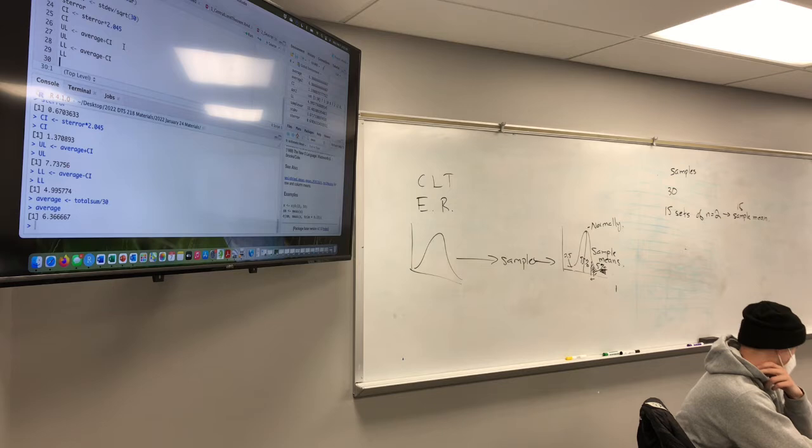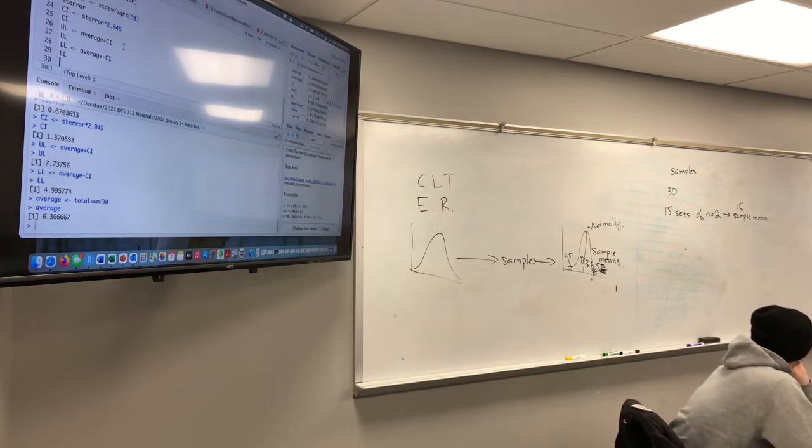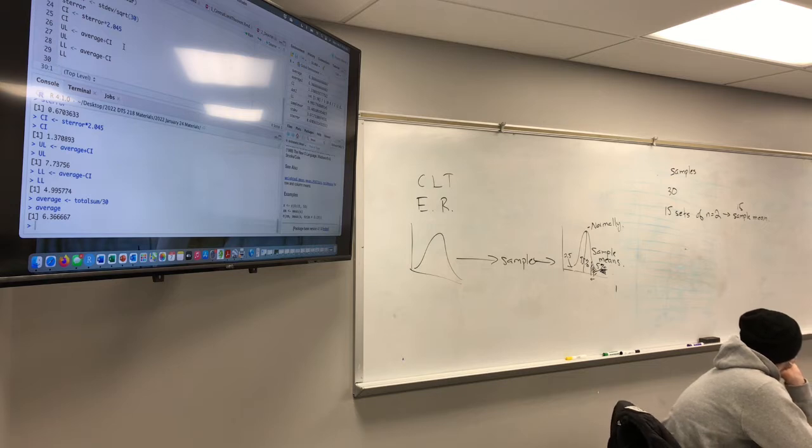The population mean is mu, and the sample mean is an estimate of mu. It's not exactly the population mean, but the confidence interval on either side includes what we know to be the population mean.